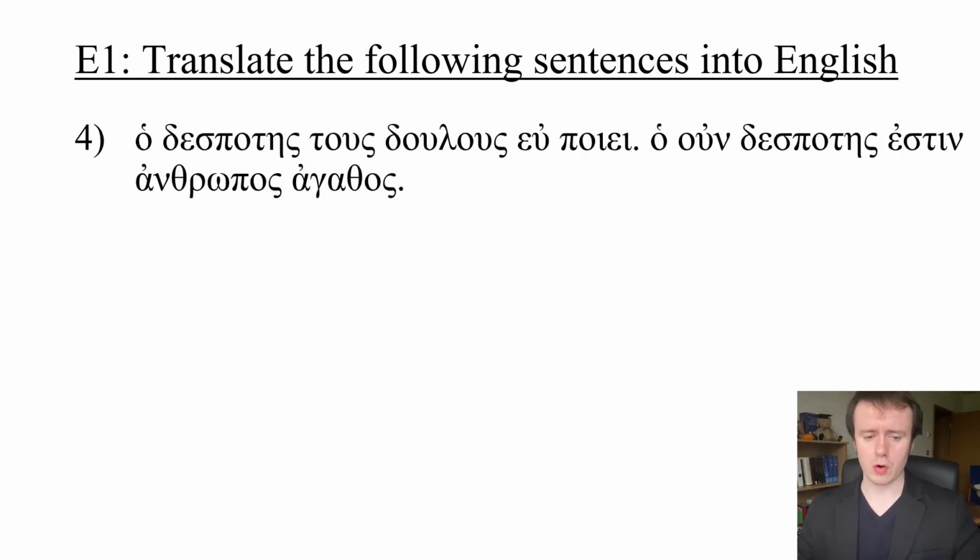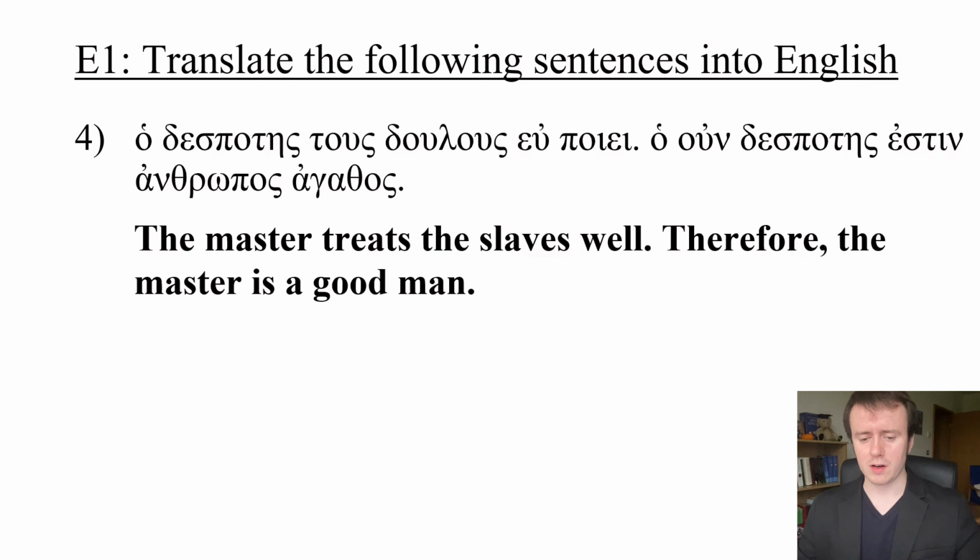Number 4 is ho despotes tous doulous eu poiei. Ho oun despotes estin anthropos agathos. You should have translated this one as, the master treats the slaves well. Therefore, the master is a good man. We know that it means this because the master is in the nominative singular, eu poiei was in the word bank, and it means to treat well or to benefit. And it comes from poieo, the verb to do or to make, and eu is a Greek adverb meaning well.